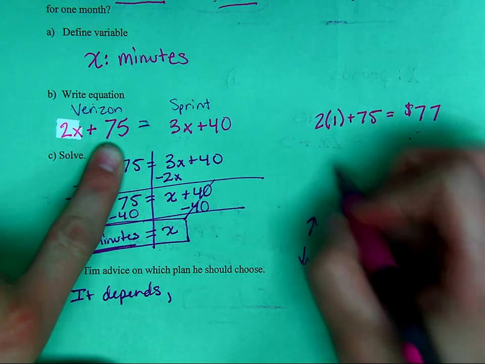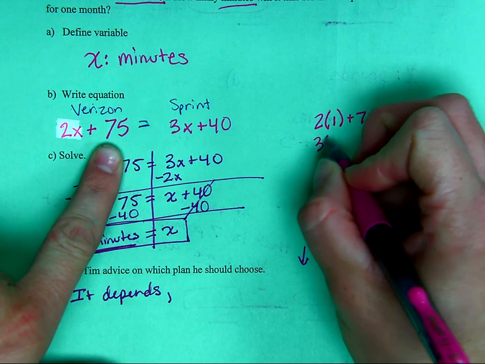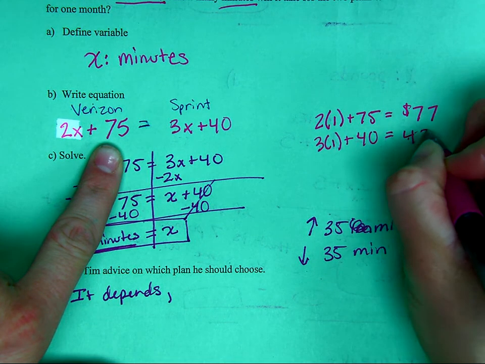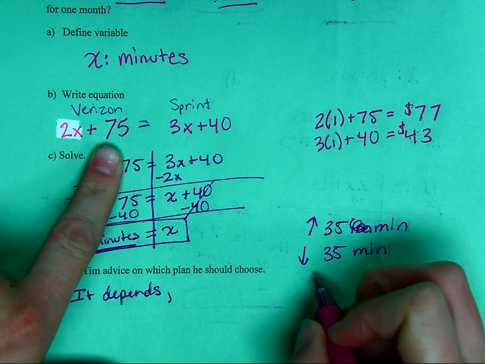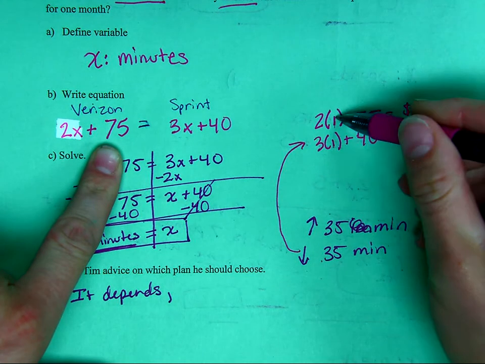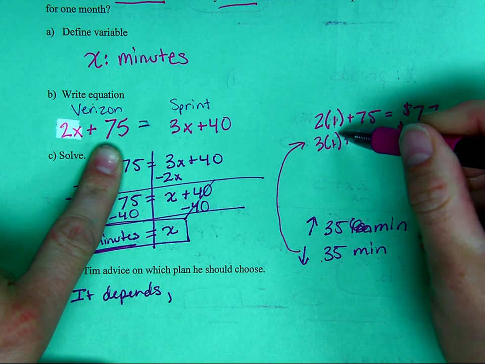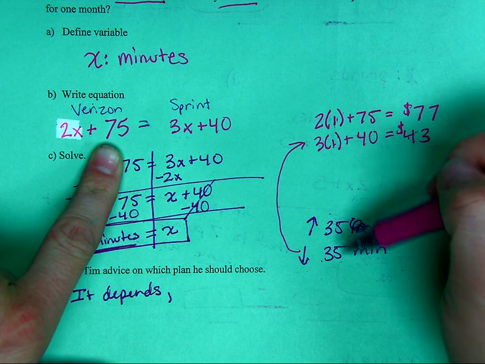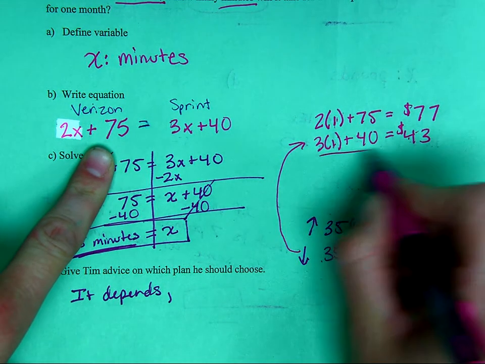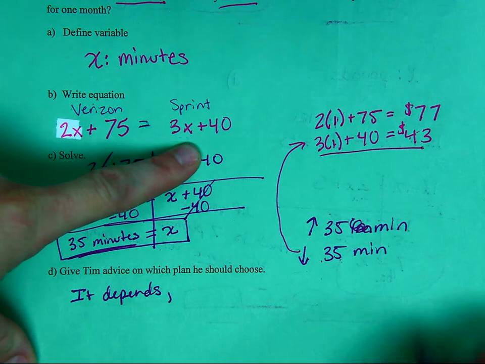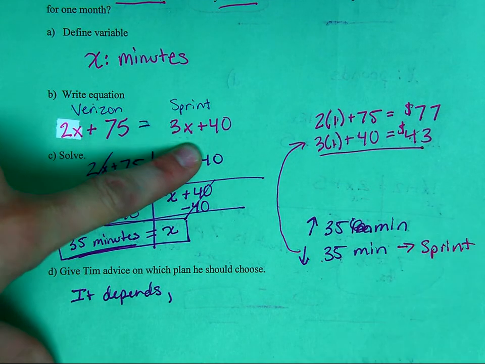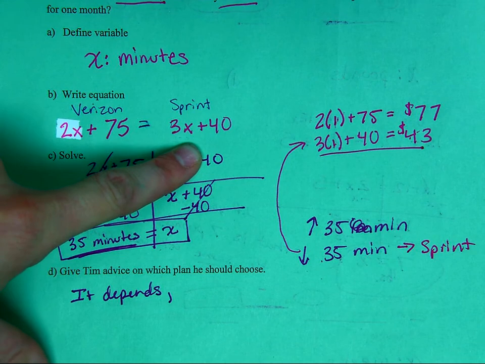But for Sprint, if I use 1 minute, it only costs me $43. So until I get to 35, right, I could keep changing this, 2 and 3 and then 4. I go all the way up to 34. But any number less than 35 is going to show me that this place is cheaper, which was Sprint. So Sprint is cheaper if Tim uses less than 35 minutes.